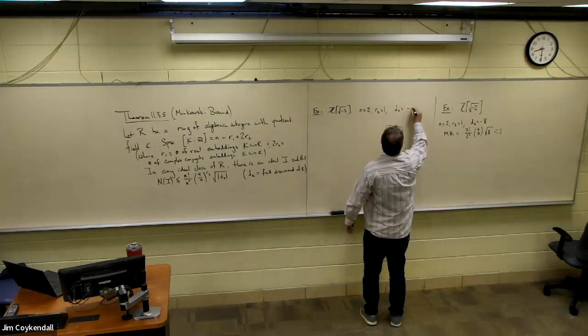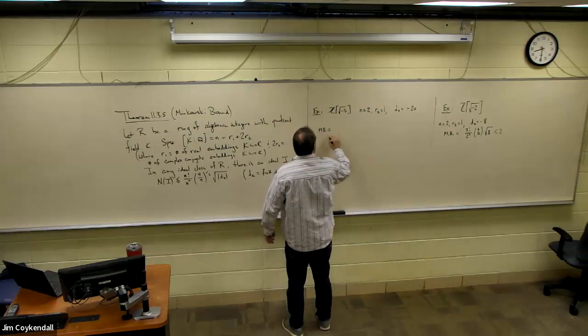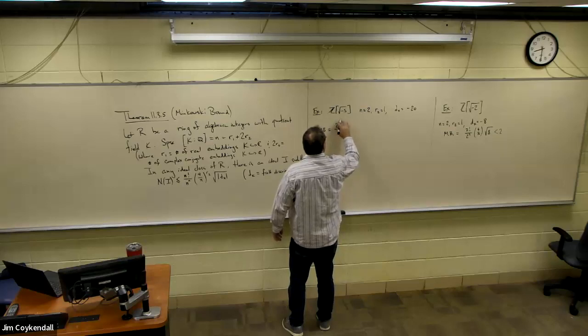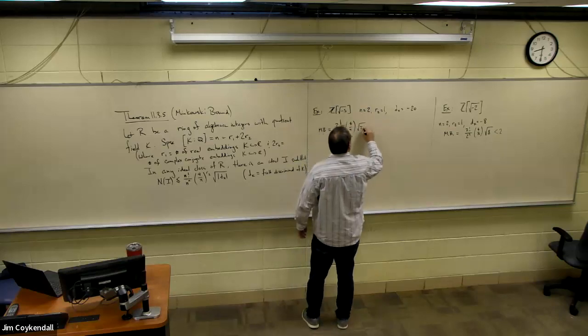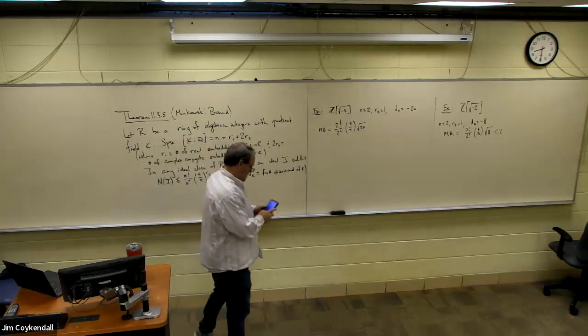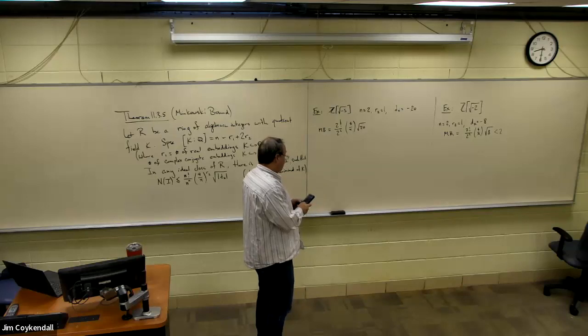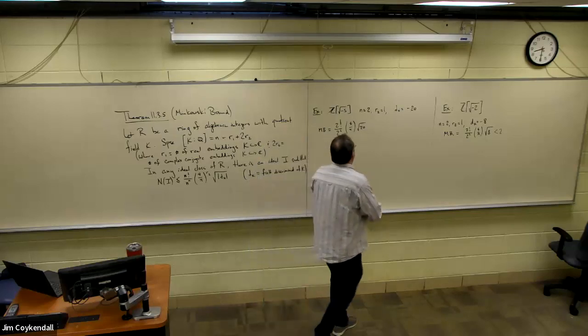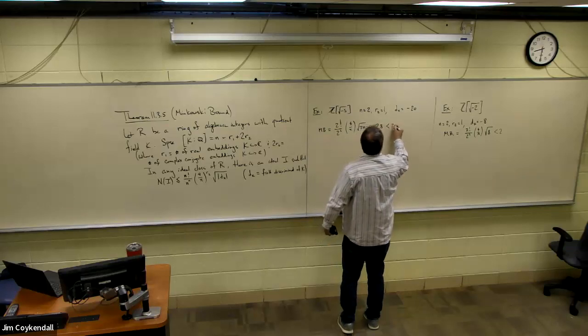So the discriminant here is -20. So the Minkowski bound in this case is, what I get is 2.8. Certainly less than 3.